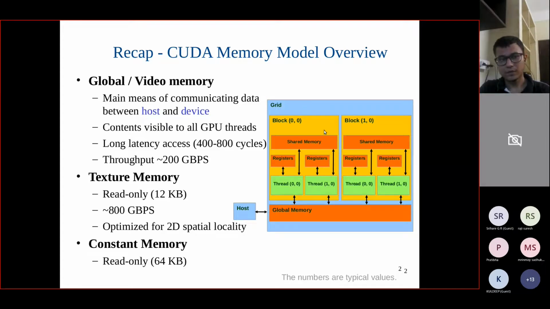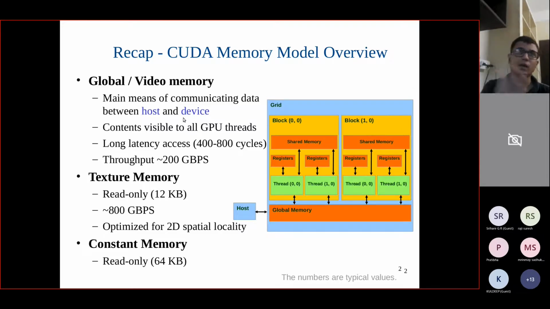Apart from that, we saw that this global memory, which is also known as the GPU's DRAM or the video memory, is the main means of data communication between host and device.